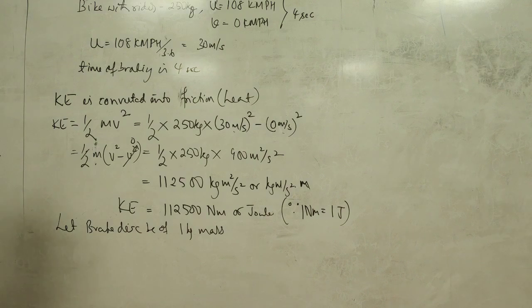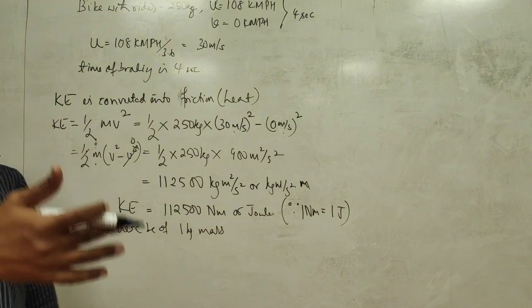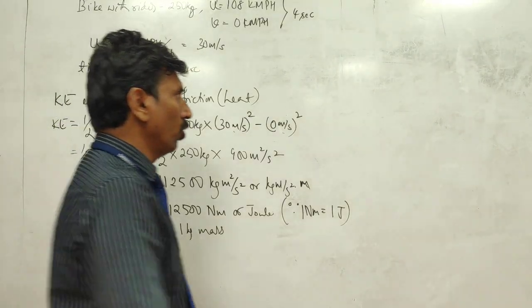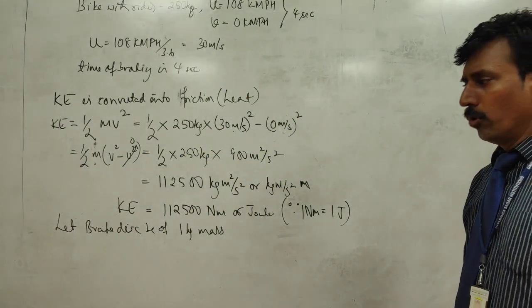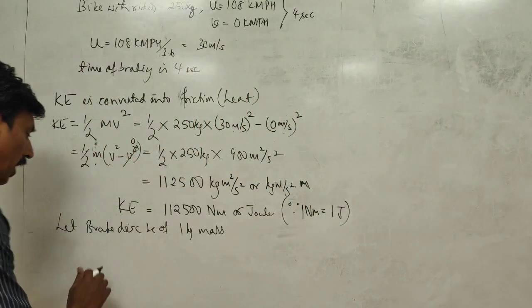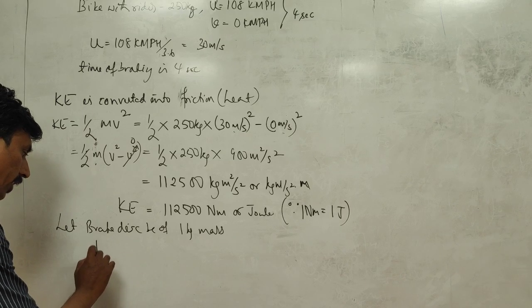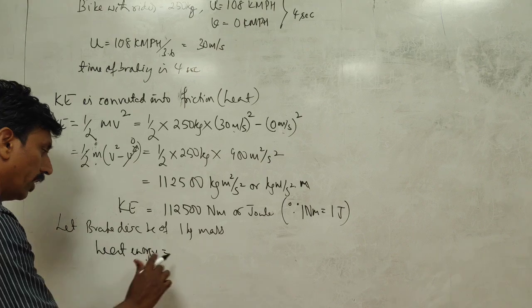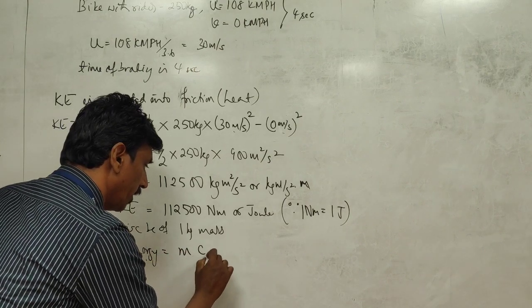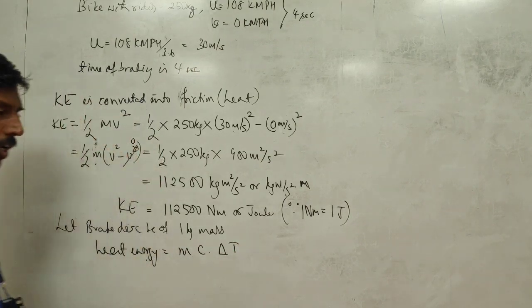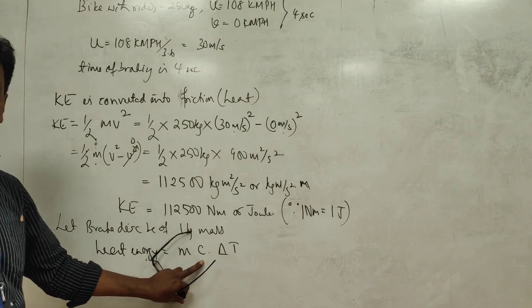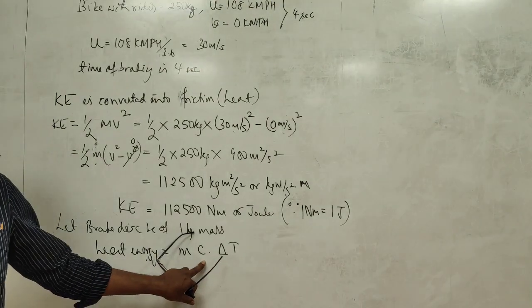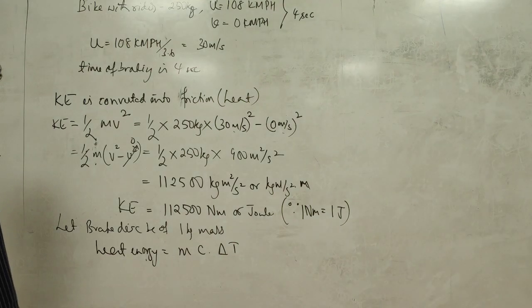If energy is given to some mass and you want to know the rise in temperature, we use the formula that heat energy is equal to m c delta T, where m is the mass, c is the specific heat of that material and delta T is the rise in temperature.